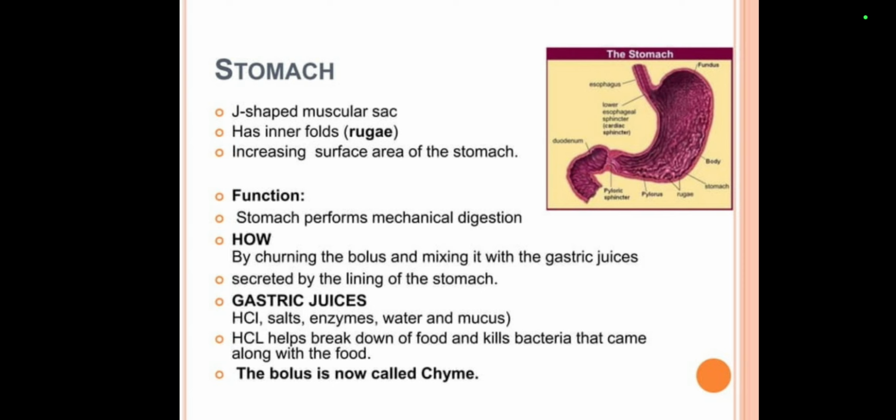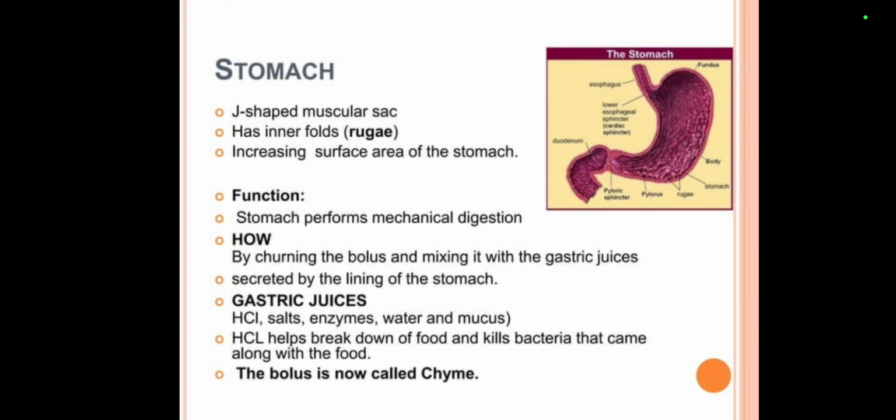So that is the major function of gastric juices. Here we also have salt, enzyme, water, and mucus, and of course the hydrochloric acid helps to break down the food and kills bacteria that came along with the food and prevents it from reaching our intestine. So the bolus is now called chyme.